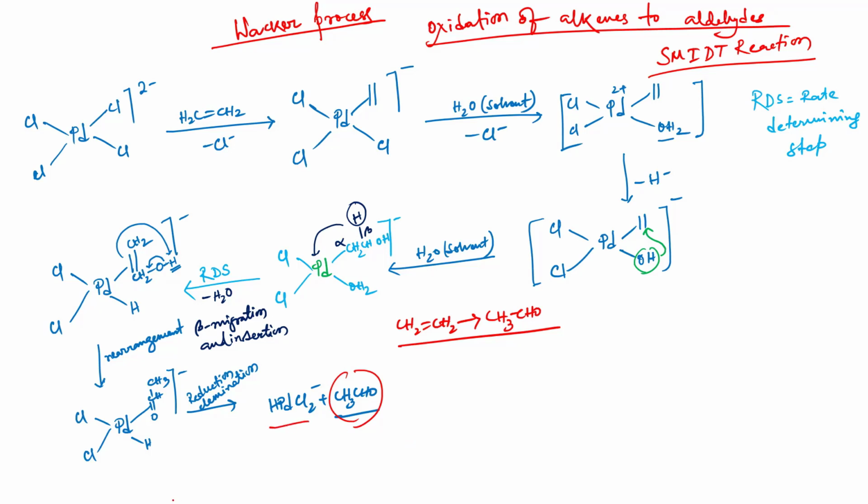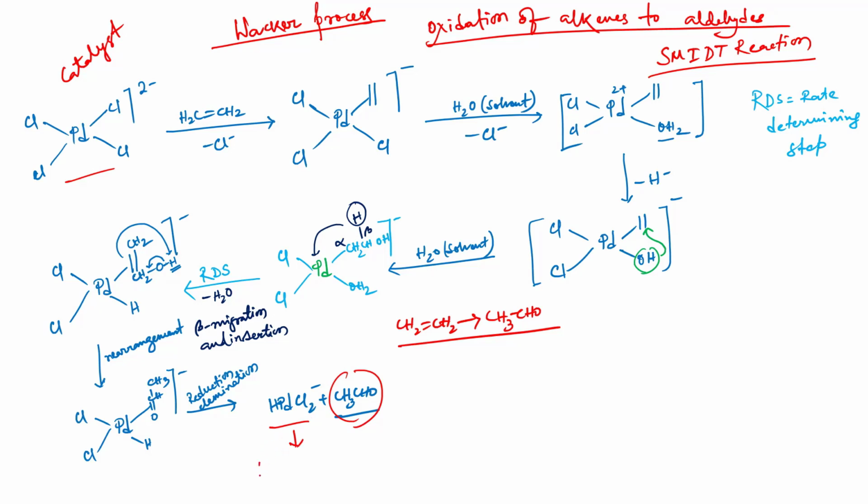So this is the main Wacker process, or the catalytic cycle. So this is your main catalyst. Then how will we regenerate the catalyst here? This is from HPdCl2 minus. We have to regenerate PdCl4 2 minus from this one, and it will be done as follows.